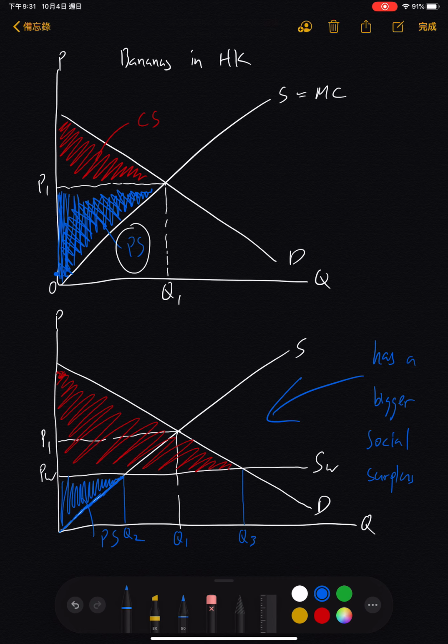So this is the basics of international trade when we are looking at it using a diagram.